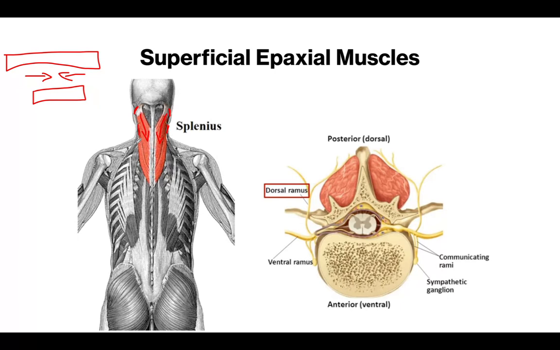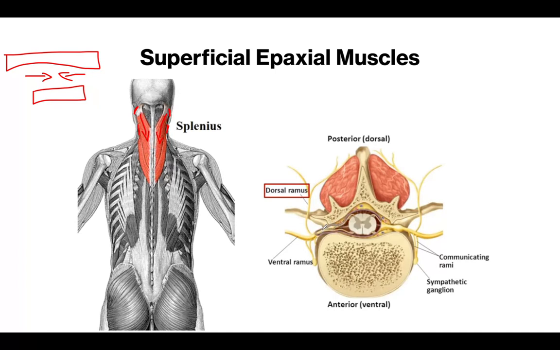Okay, so then let's talk about the rest of it: dorsal rami of spinal nerves. With that, we've got to look at the anatomy of the spinal cord, which we'll come back to when we get to the spinal cord. But here we have a vertebra and the little tiny spinal cord inside. Coming off of the spinal cord, we have these branches. We have the posterior root and we have the anterior root.